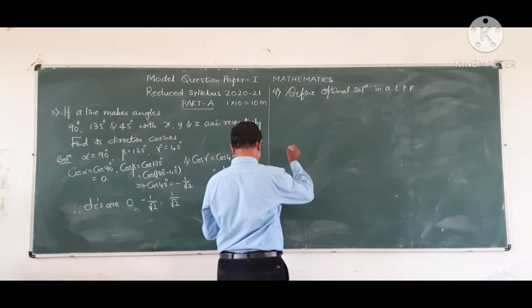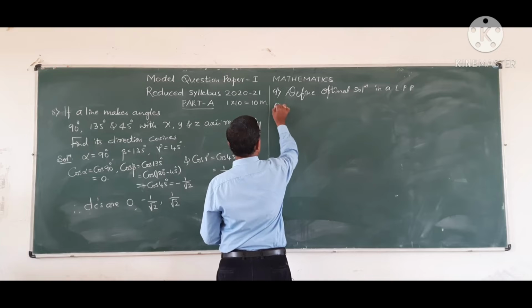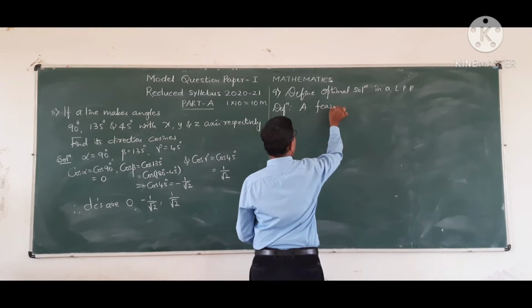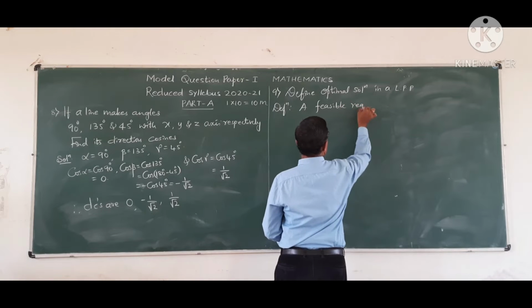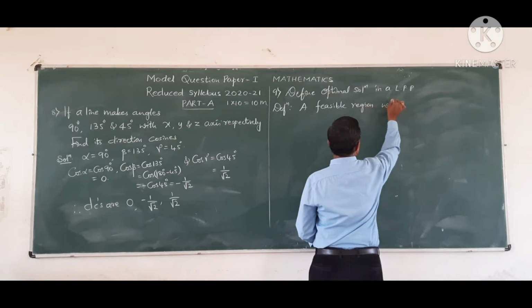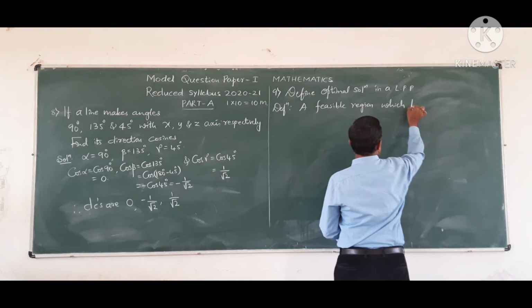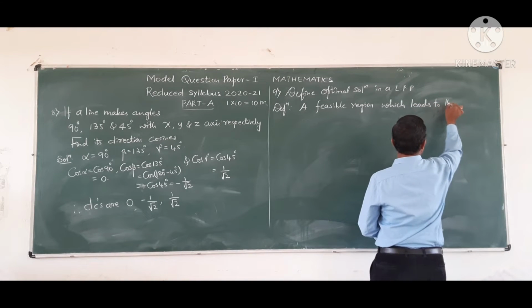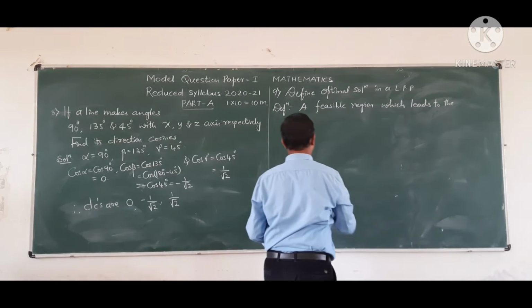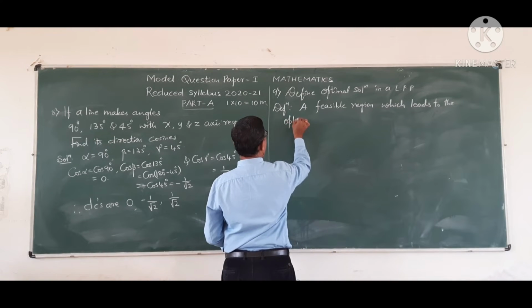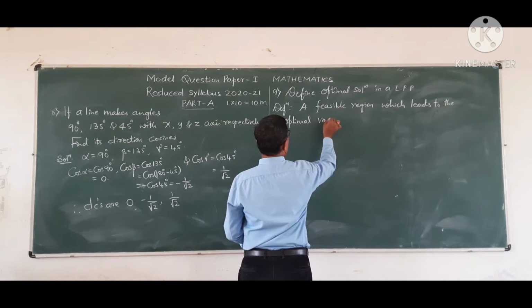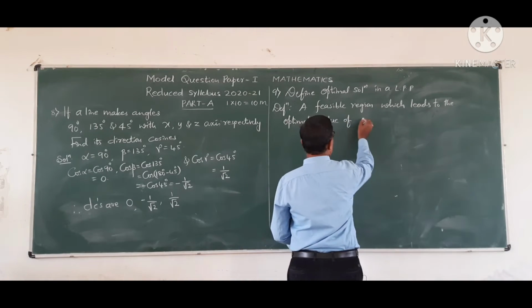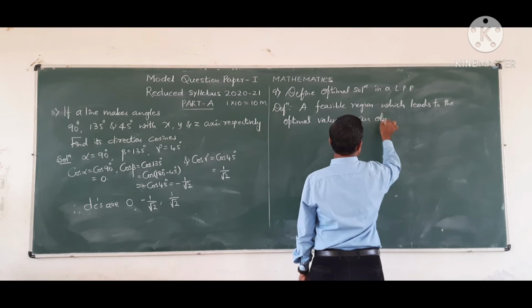So, the definition: a feasible region which leads to the optimal value of an objective function.